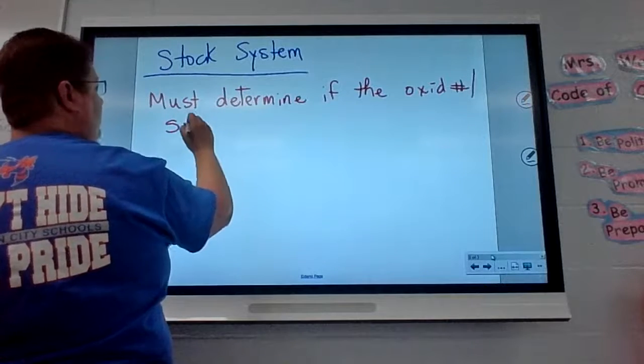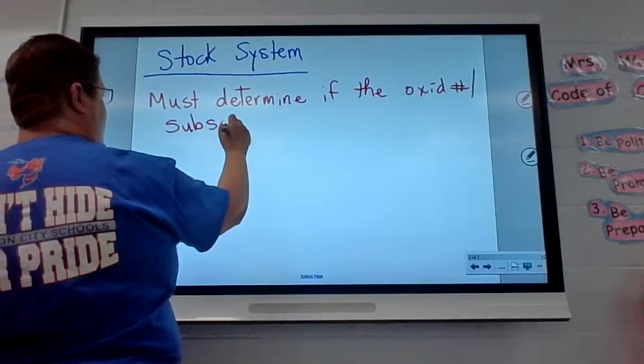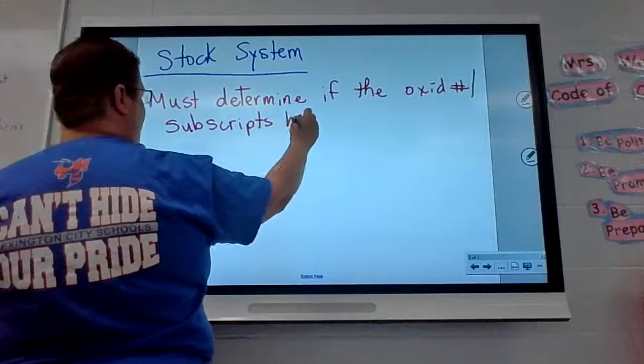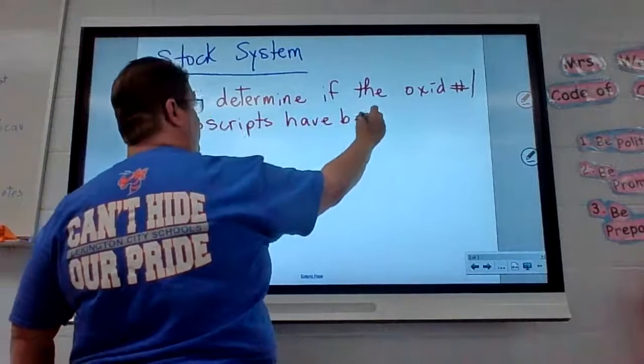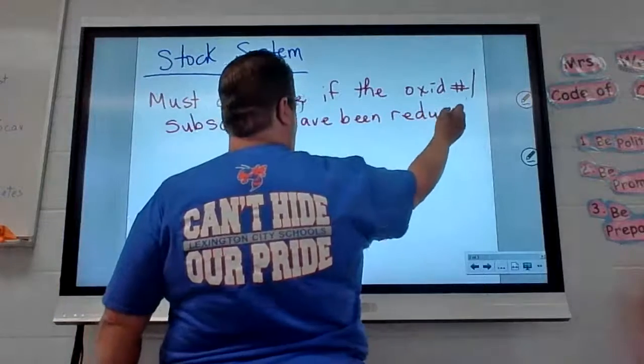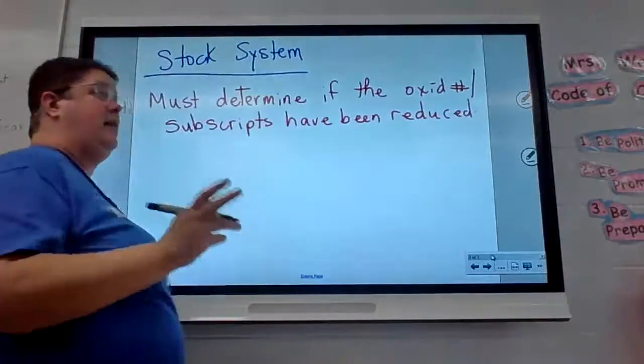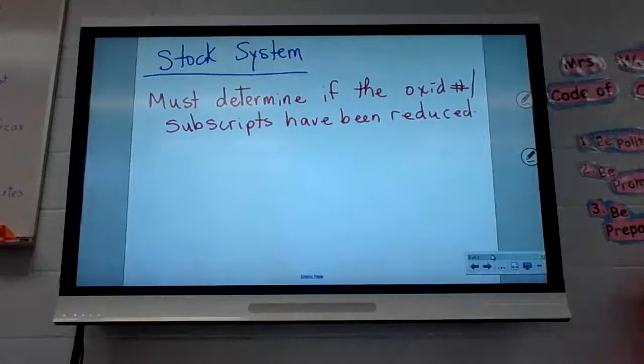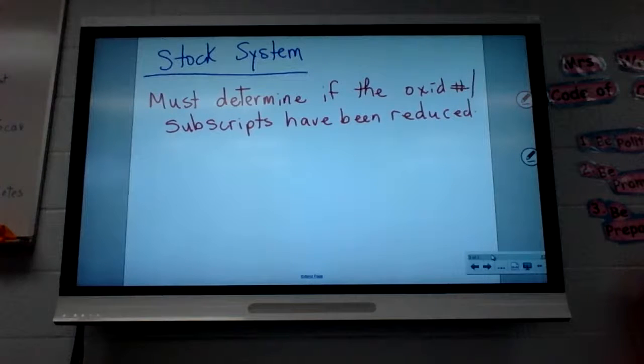Okay, you must determine if the oxidation number / the subscripts have been reduced. That's really the only thing that's different. Everything else, the steps are identical. We're not doing anything different than what you just did on the quiz, what you did on the lab yesterday. So if you've mastered those steps, it's the only thing that's new. All right, we got it?